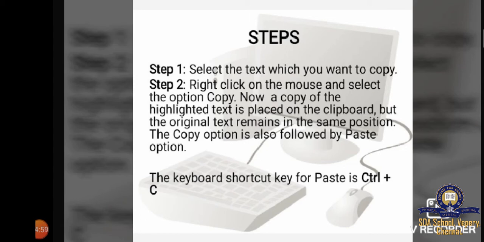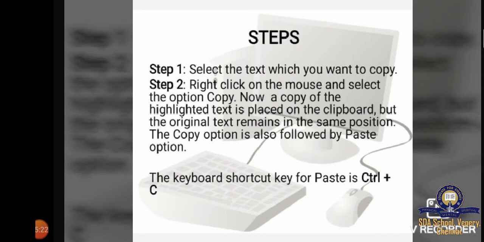Now the highlighted text is removed from the current position and placed on the clipboard, which is a temporary storage area. The keyboard shortcut for performing the cut action is Ctrl plus X. The cut option is always followed by the paste option.